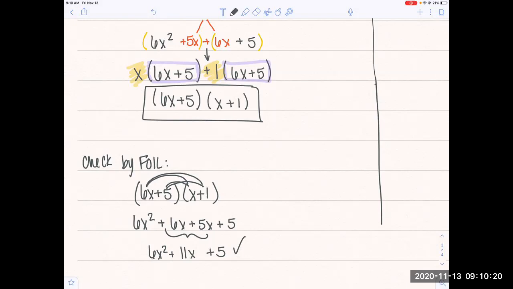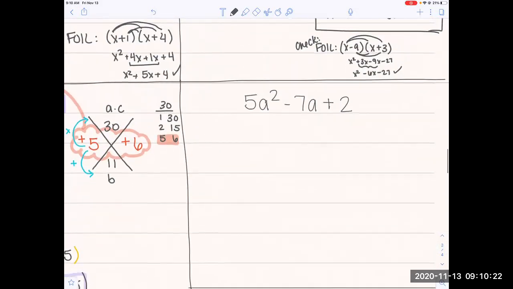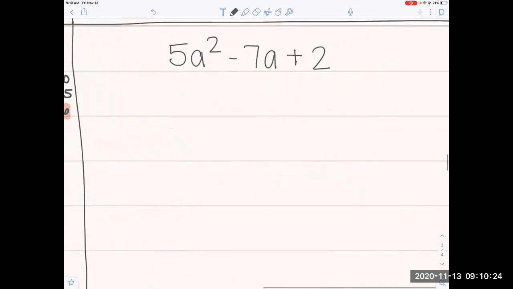All right, the last example I have for you guys. So we've got 5a squared minus 7a plus 2. Because I see that that first number, the leading coefficient, is not 1, that's my clue that this is 13.3.